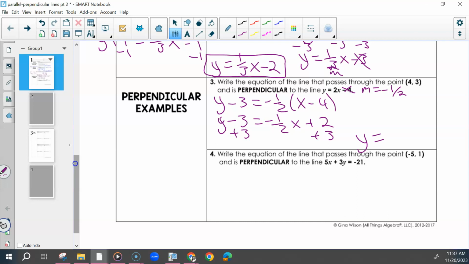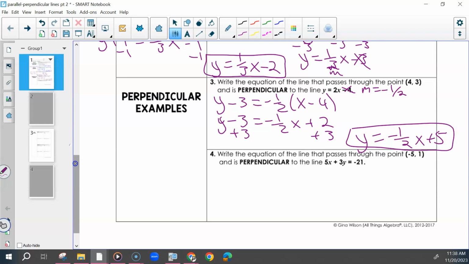What is our new equation? So compared to the original, the slope is the negative reciprocal, the y-intercepts don't matter, and it goes through that point.